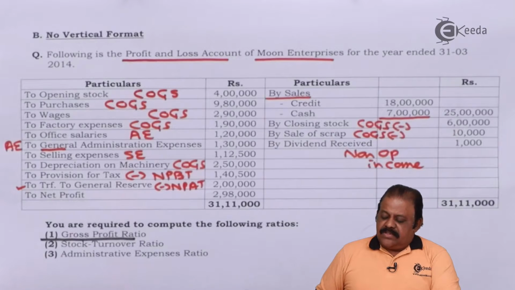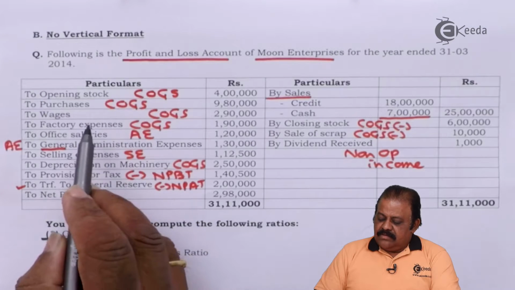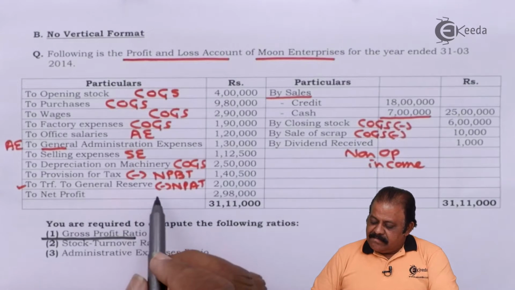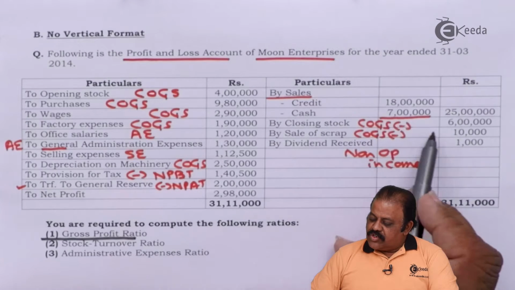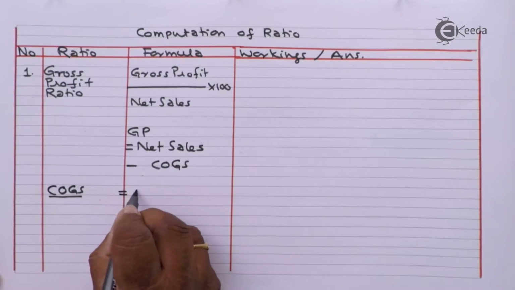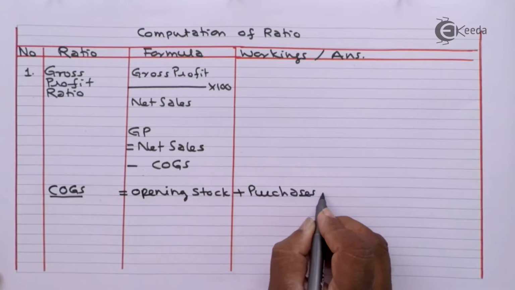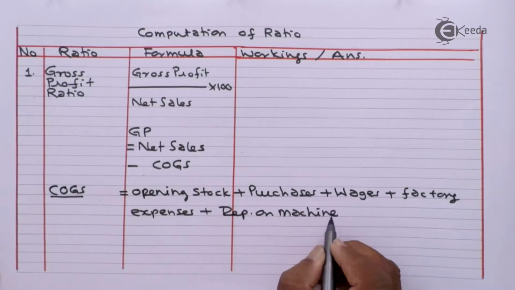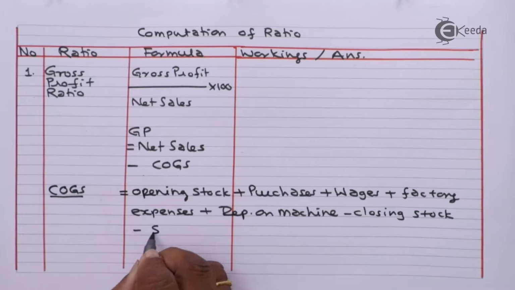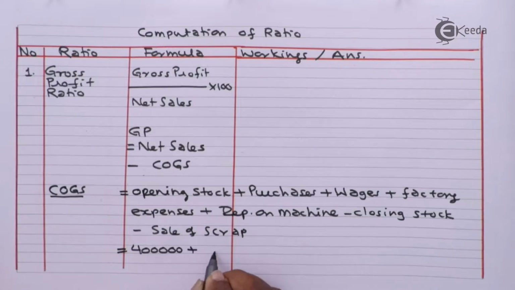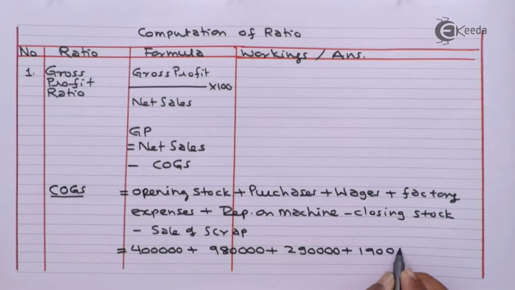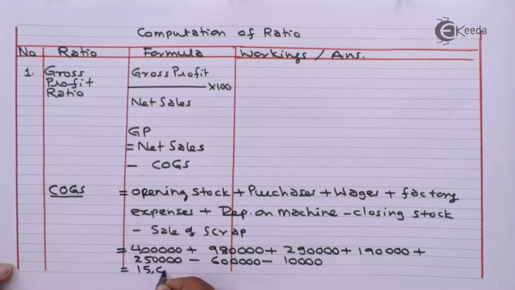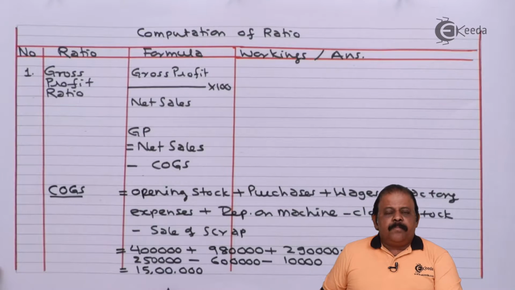To calculate COGS, we add opening stock, purchases, wages, factory expenses, depreciation on machinery, and we deduct closing stock and sale of scrap. Cost of goods sold, we got rupees 15 lakhs.